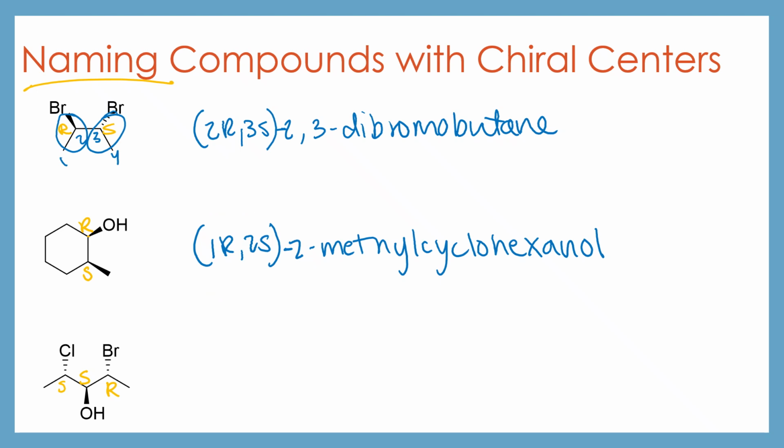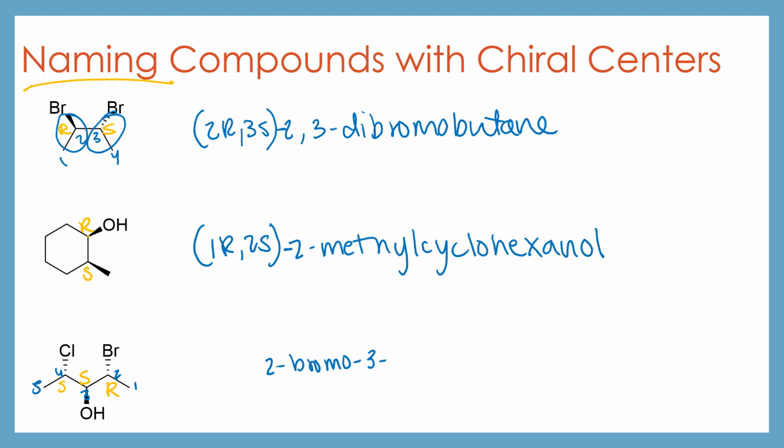Okay, last one. We need to decide which side we're going to start numbering from. It's kind of the same numbers no matter which side I start from, but bromine comes first alphabetically, so we're going to give bromine the priority. 1, 2, 3, 4, 5. So this is going to be a long one. 2-bromo.